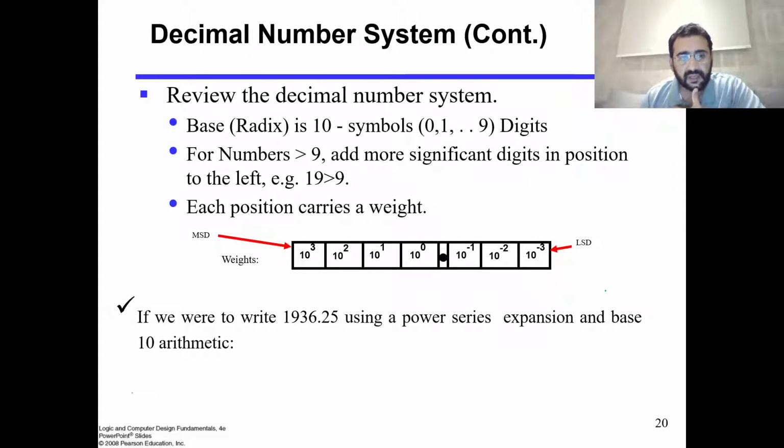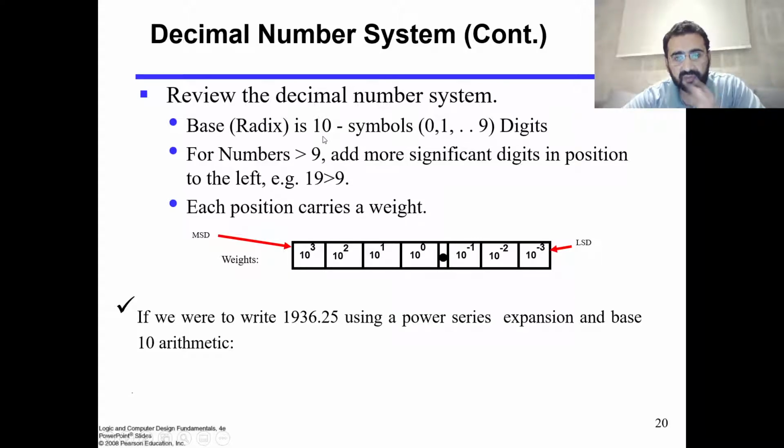Now we will look at how these systems work. When we use the decimal number system, the number 10 is called the radix. Radix is the number of digits that are allowed in this system.